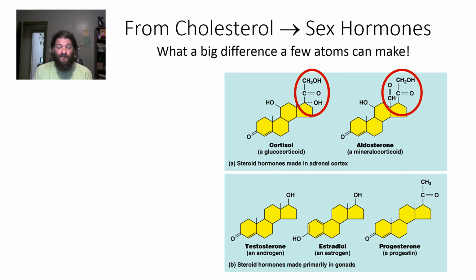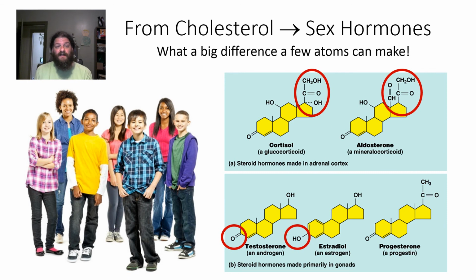And really the big difference between the two, when you look closely, is just shifting that hydroxyl group over, or taking it out and putting a little carbonyl action on there, and you end up with, poof, aldosterone. The rest of the molecule is really exactly the same. When we look at the sex hormones themselves, testosterone and estradiol, which are the male androgen and the female estrogen, respectively, really the big difference between the two, the only difference between the two, is that carbonyl group in the testosterone and the hydroxyl group in the estradiol.